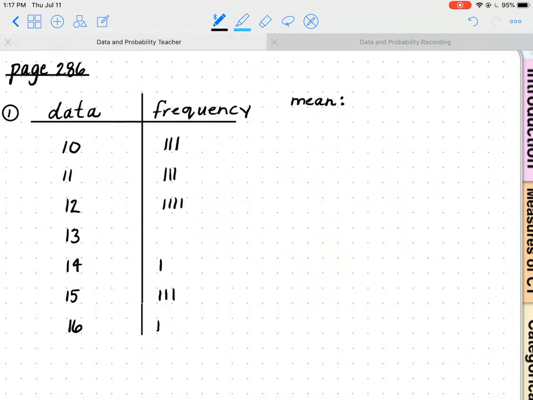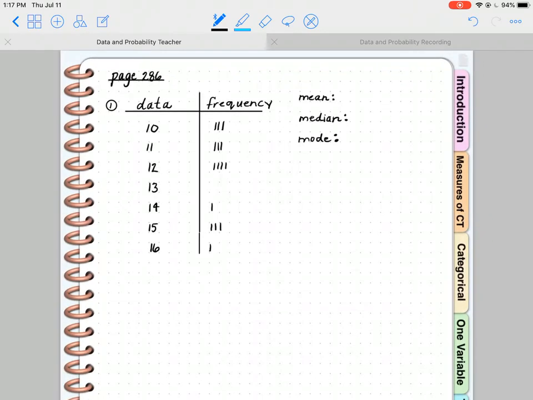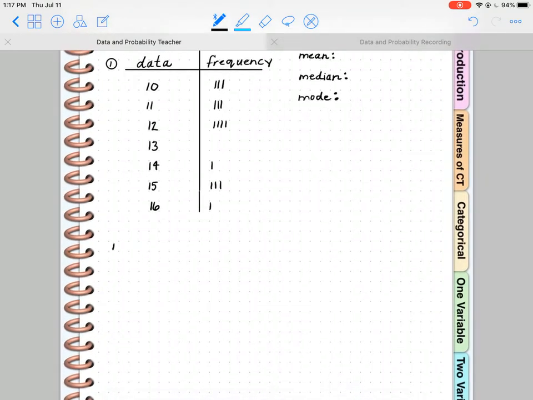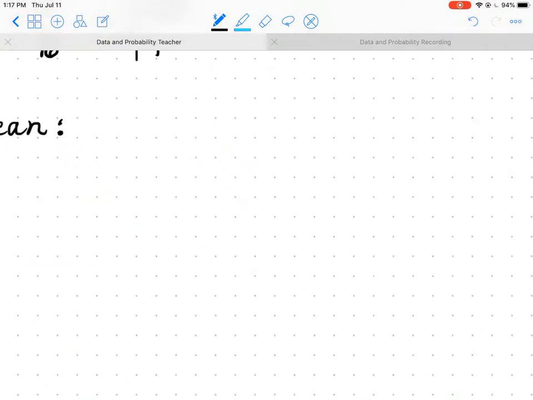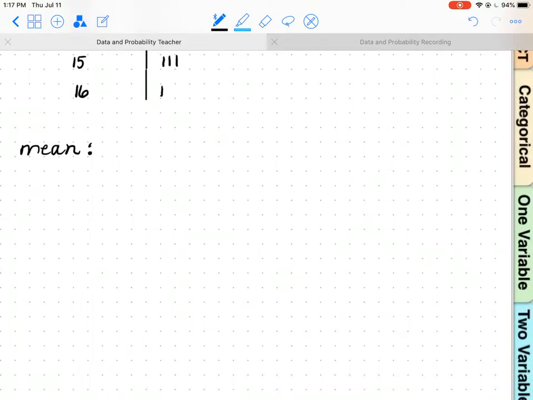median, and mode. Okay, so I'm going to make a space for each of those. And we know how to do this. We've done this many times now in the course. So I'm going to come down here where I have some space to calculate my mean. Remember, when you're doing a mean, you need a fraction set up like that.